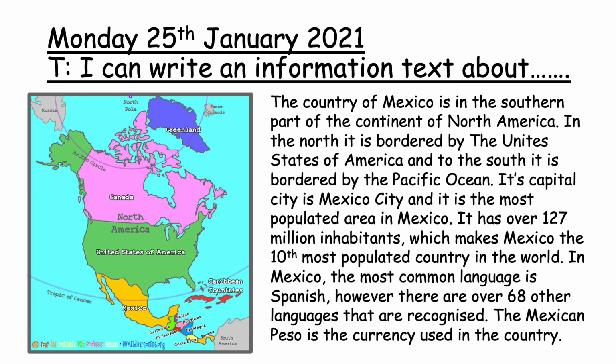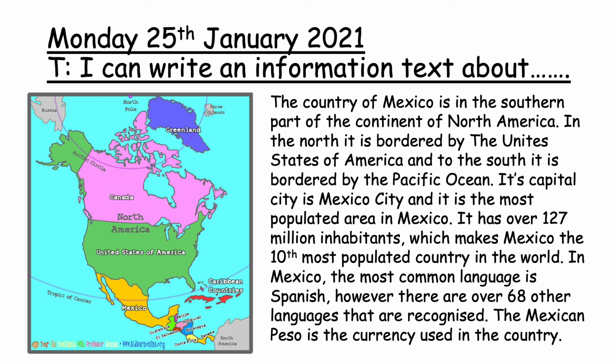Its capital city is Mexico City, and it is the most populated area in Mexico. It has over 127 million inhabitants, which means people, which makes Mexico the 10th most populated country in the world. In Mexico, the most common language is Spanish. However, there are over 68 other languages that are recognized. The Mexican peso is the currency used in the country.